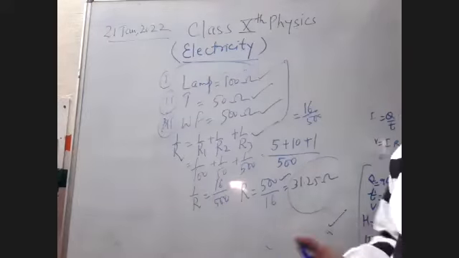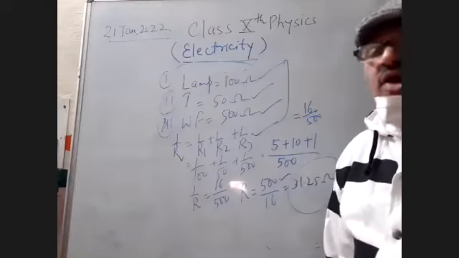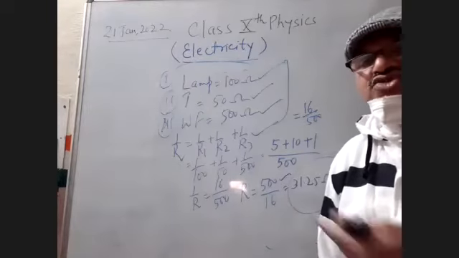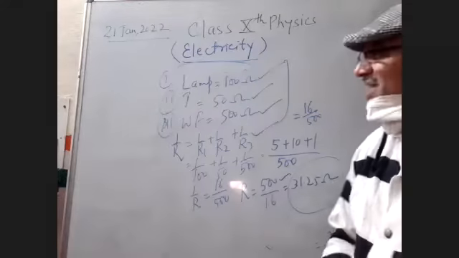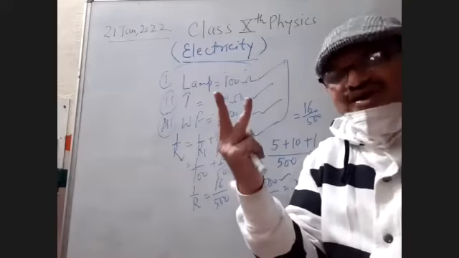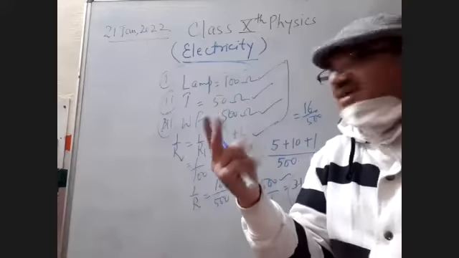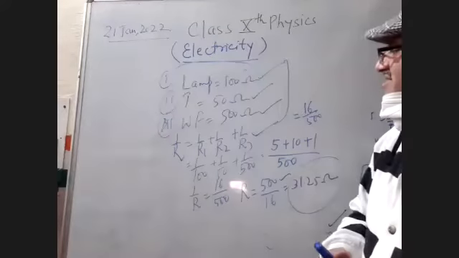Now students, what should be our observations after solving this numerical? We have seen the minimum resistance among these three electrical appliances, 100 ohm, 50 ohm, 500 ohm, was the second one, the toaster, with 50 ohm.